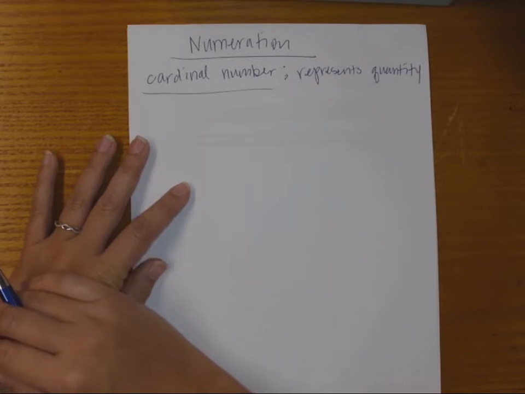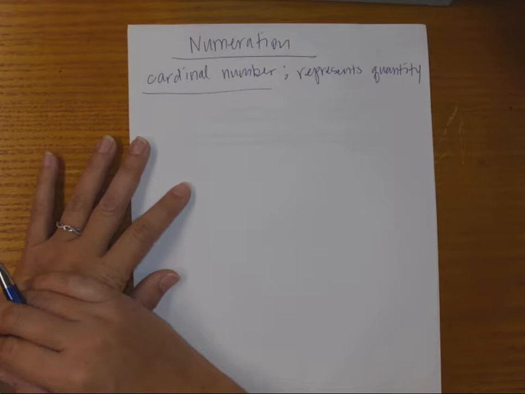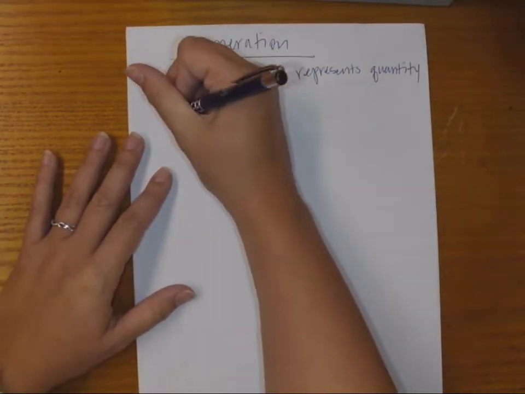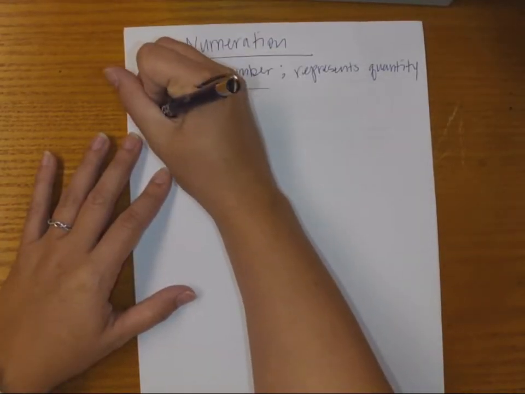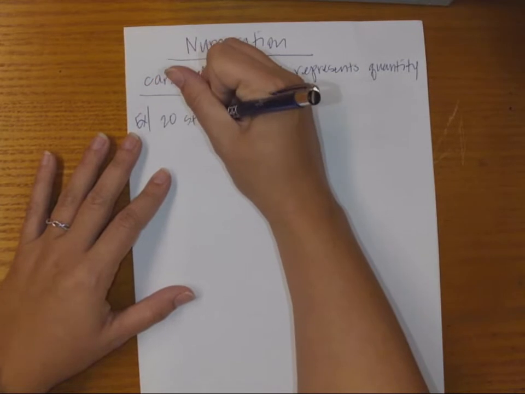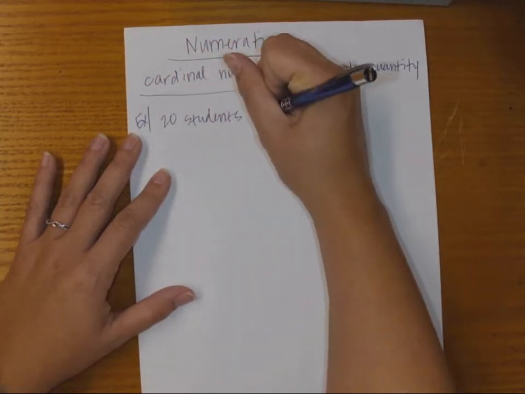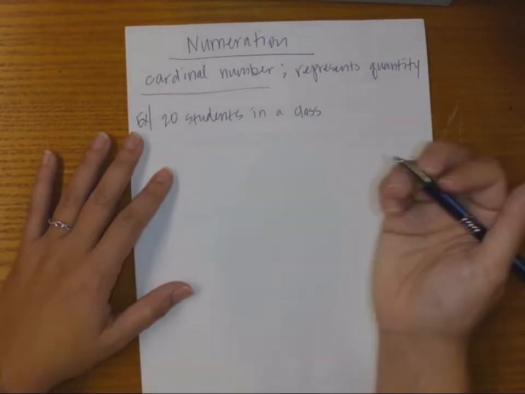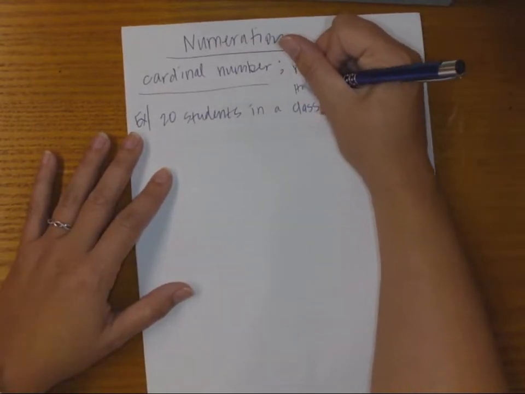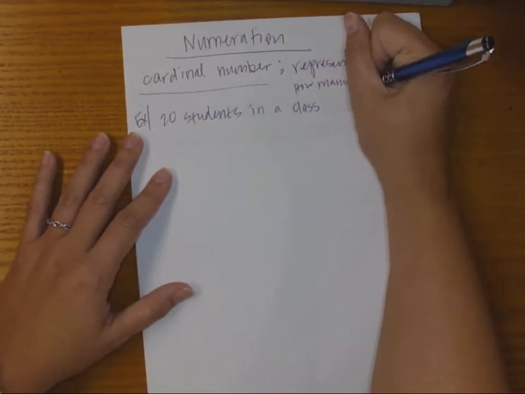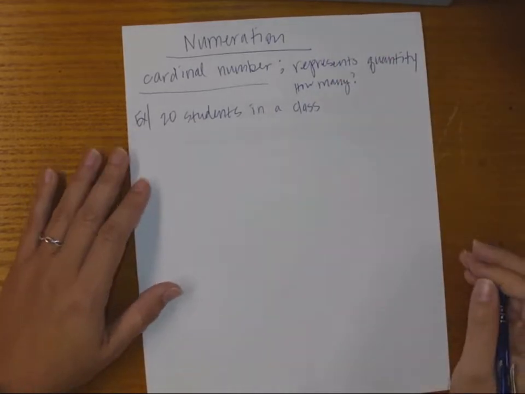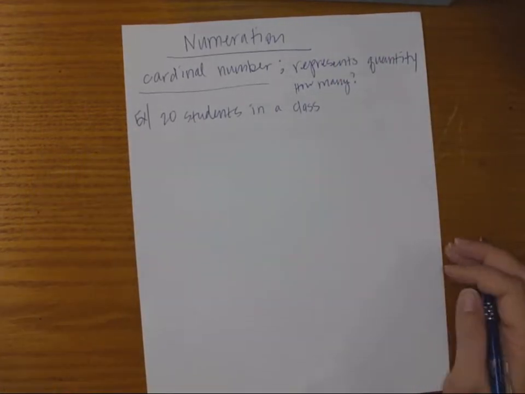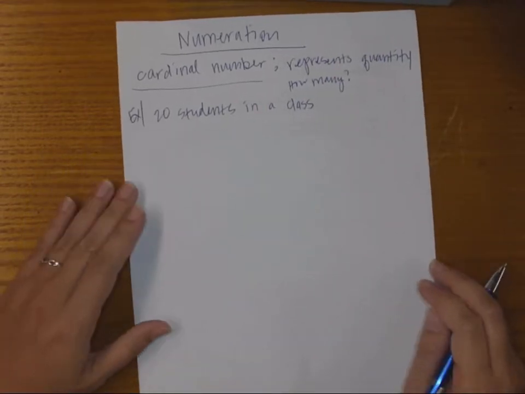I have 3 dogs. I have 2 kids, something like that. Okay, and the question it answers is how many, is a way to think about that. So a cardinal number represents the quantity of something.